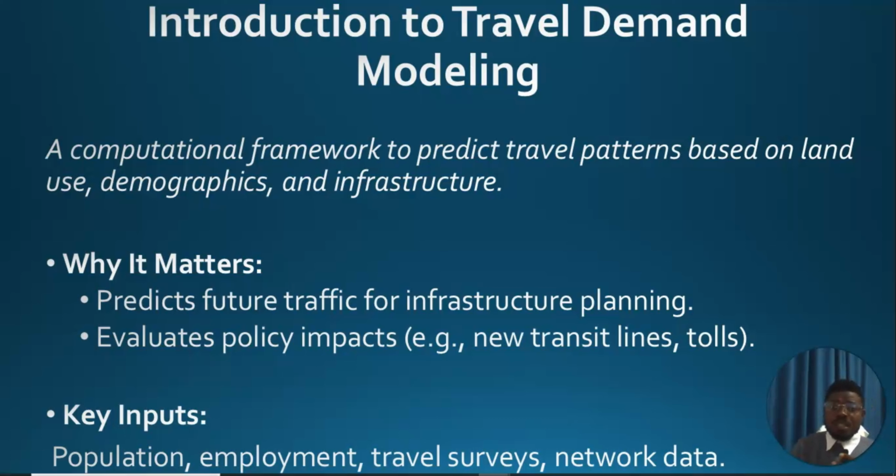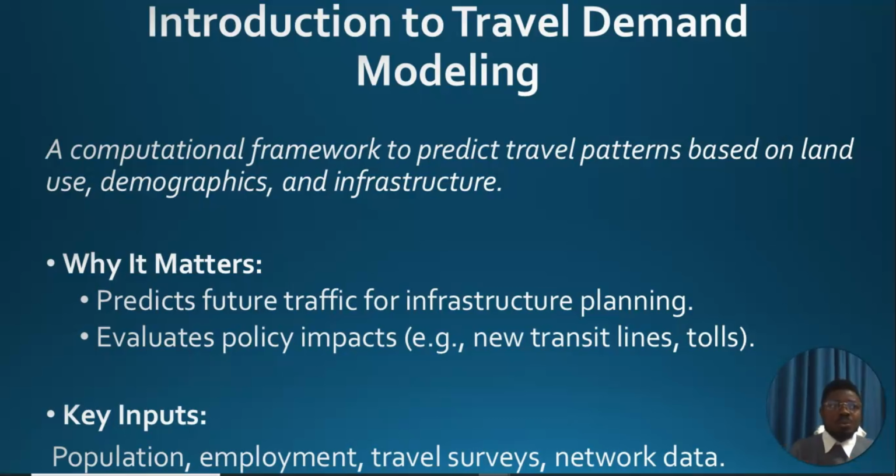Now, all these processes, a transportation planner uses in order to be able to forecast travel patterns. So, what is the travel pattern like? Having this information about their trips, being able to use that information to predict the future travel patterns and understand how people will move within a certain region is what we call travel demand modeling.